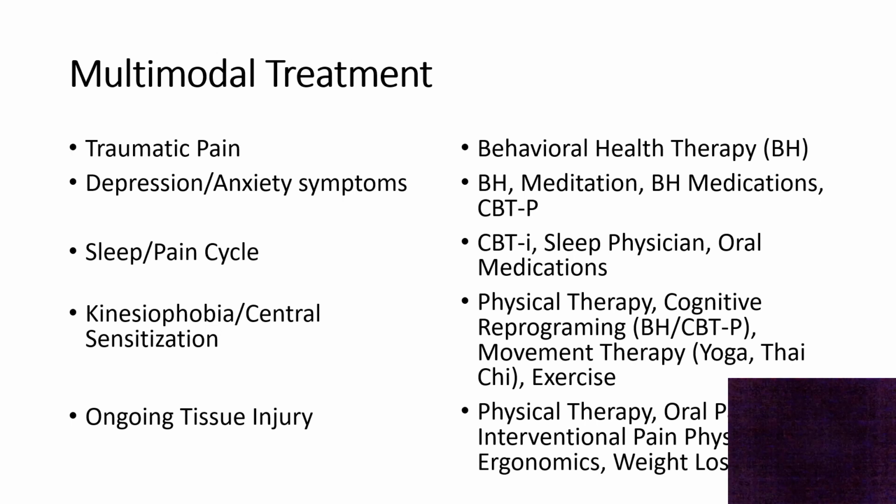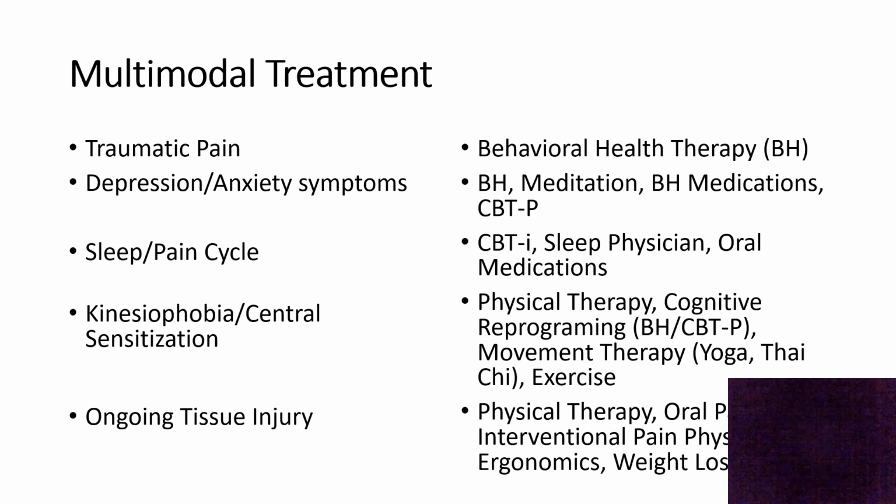Kinesiophobia, or central sensitization with it, is probably going to be the hardest thing to treat, but you can get there with physical therapy and cognitive reprogramming, which is largely a combination of CBTP and behavioral health. Movement therapy is highly, highly underutilized and has fantastic evidence, especially for patients who have things like fibromyalgia.